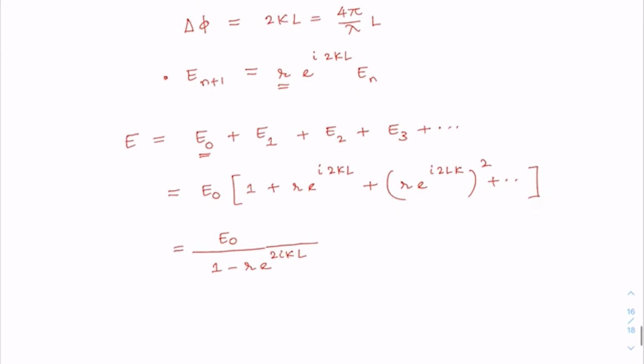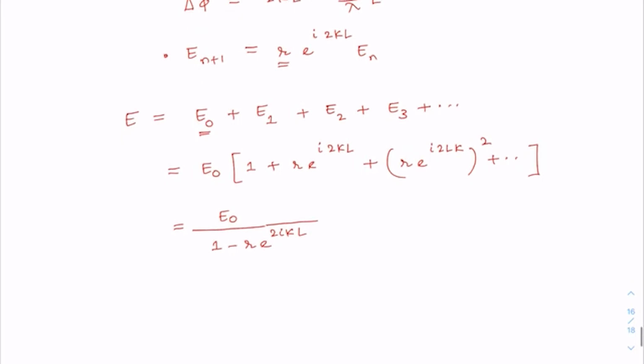So using this relation, now I can easily get the intensity inside the cavity. Just to remind you that intensity is related to the electric field by this expression. If I consider that inside the cavity the refractive index is 1, then intensity is half epsilon 0 c E square.